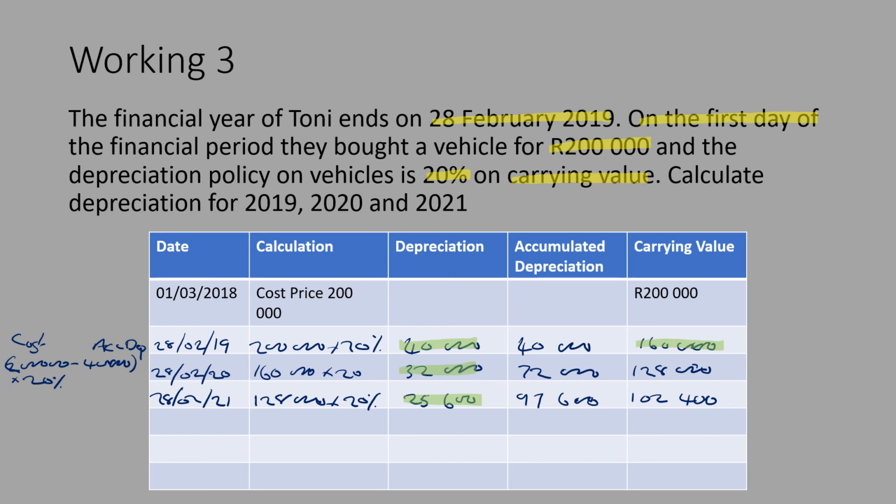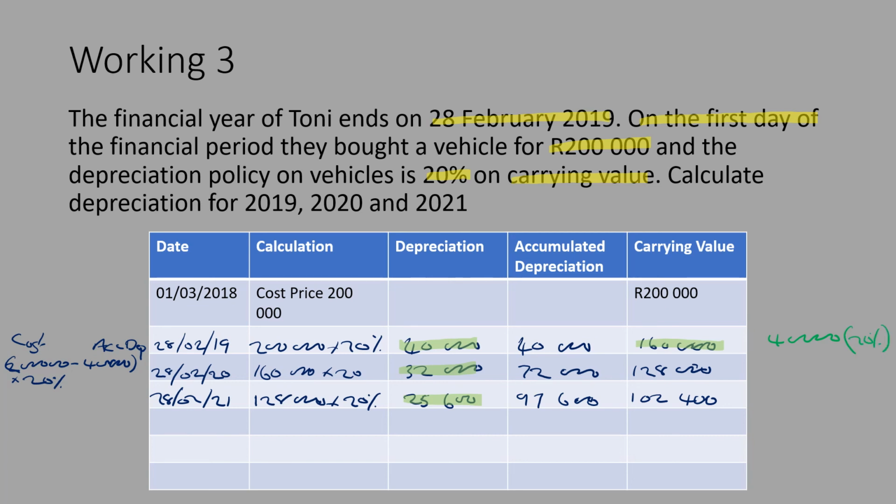Right, the shortcut on calculating depreciation, if you don't want to waste time writing all these things: when you calculate the first year depreciation using diminishing balance or reducing balance, what you need to do is this. My first year depreciation is 40,000, and the rate is 20%.